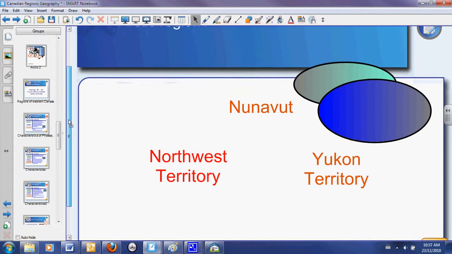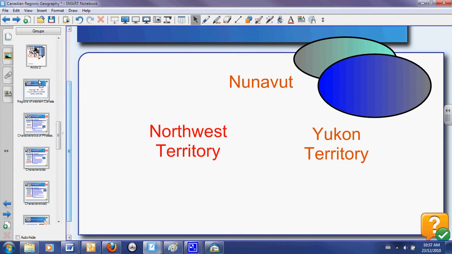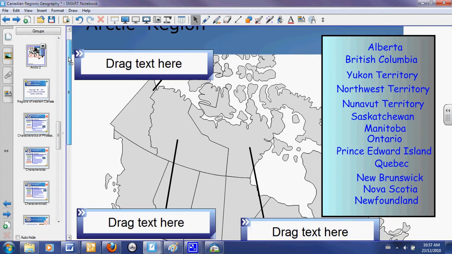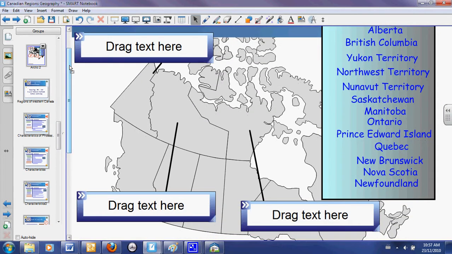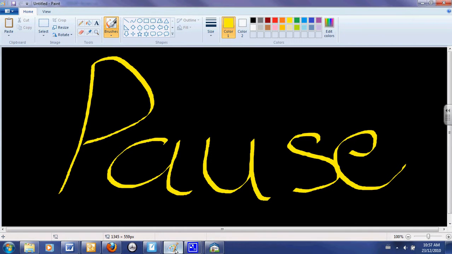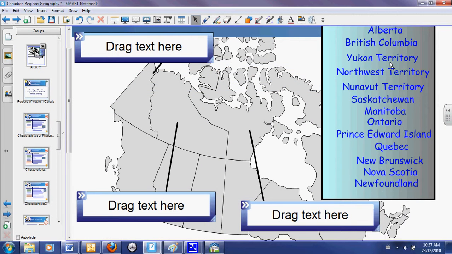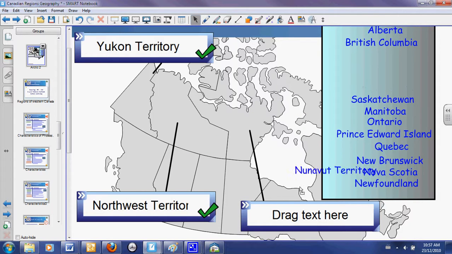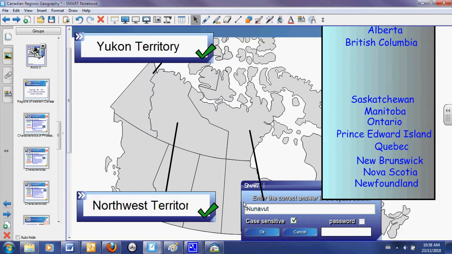Yes, Arctic region. Next slide again is asking us to identify the territories that are in the Arctic region. Now I believe this one's going to say that this is wrong, but it's because it's supposed to be recognizing none of it. I'm going to have to fix that.